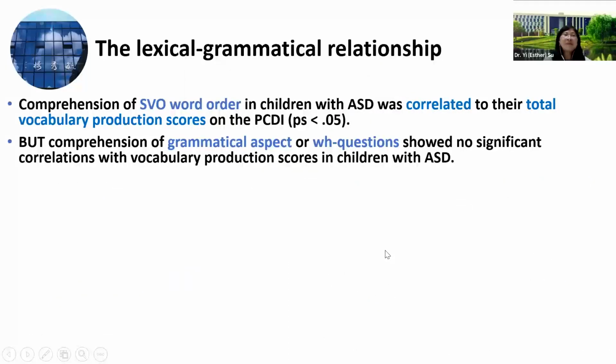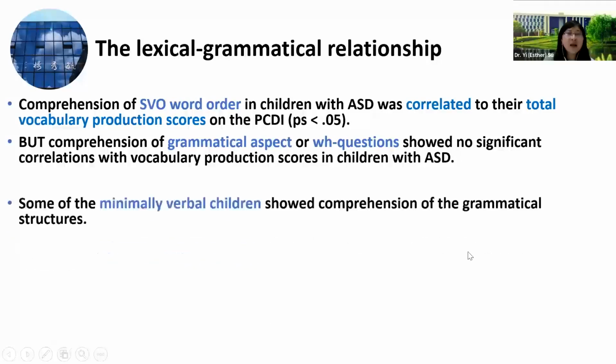And then about the lexical grammatical relationship, we found that comprehension of SVO word order in children with ASD was correlated with total vocabulary production scores on the PCDI. However, comprehension of grammatical aspect and WH questions showed no significant correlations with vocabulary production scores in children with ASD. And we also found that some of the minimally verbal children showed comprehension of grammatical structures.